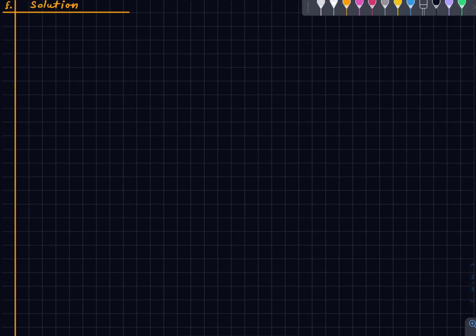So we will be invoking the pigeonhole principle ultimately, but before that, let me define a few things. So define these sets. A1 as 1, 2, 2 square, 2 cube and so on.